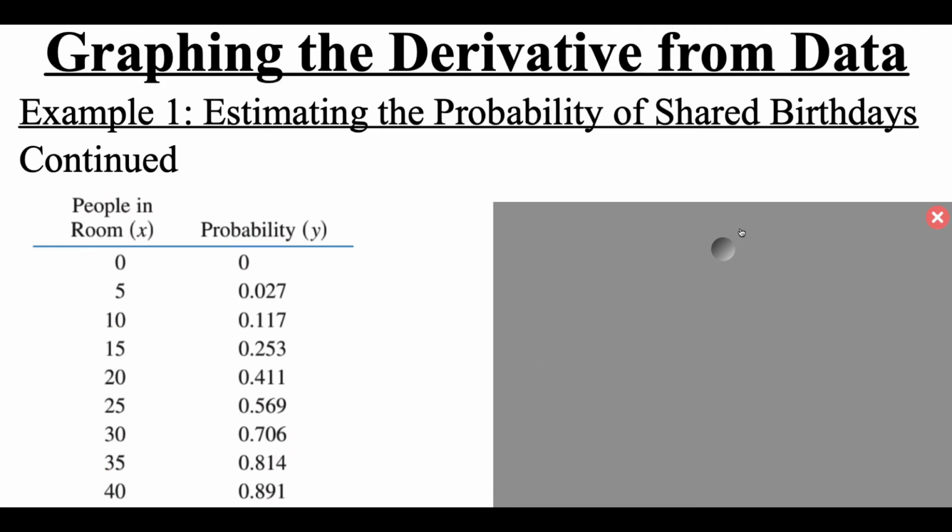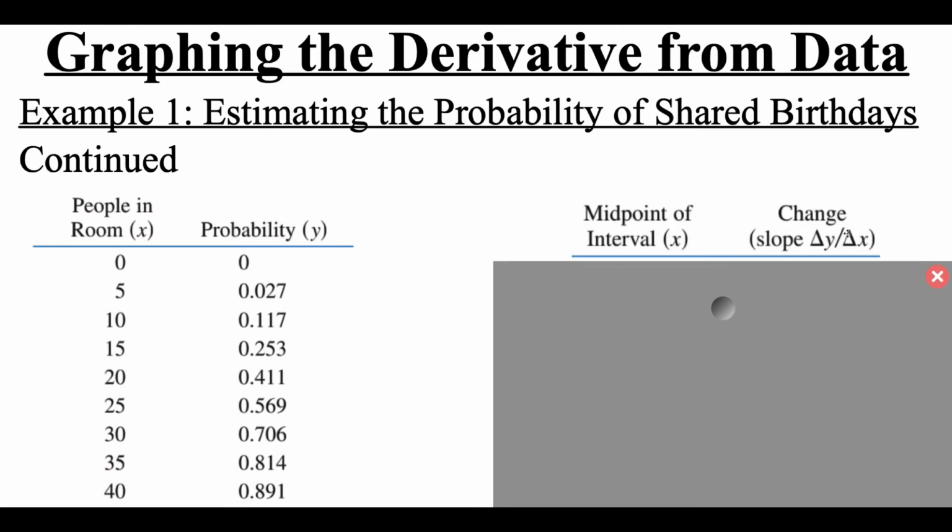So what we're going to do is start building a new table. For the y values in the table, we're going to look at the slope between consecutive points. So to start with, we would look at the 0, 0 point and the 5, 0.027 point, and we would find the slope there. As far as the x value, we're going to use the midpoint between these two x values that we started with.